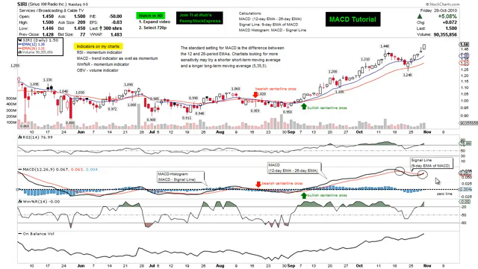Your primary buy and sell signals, again, are generated from your crosses of the signal line. So when your MACD black line crosses the signal line, or when you have a center line crossover with the MACD, as seen here. And you can see that that occurs when the 12 and 26, which are a part of the MACD formula, cross to the upside. Hopefully this tutorial on the MACD has been helpful to you.